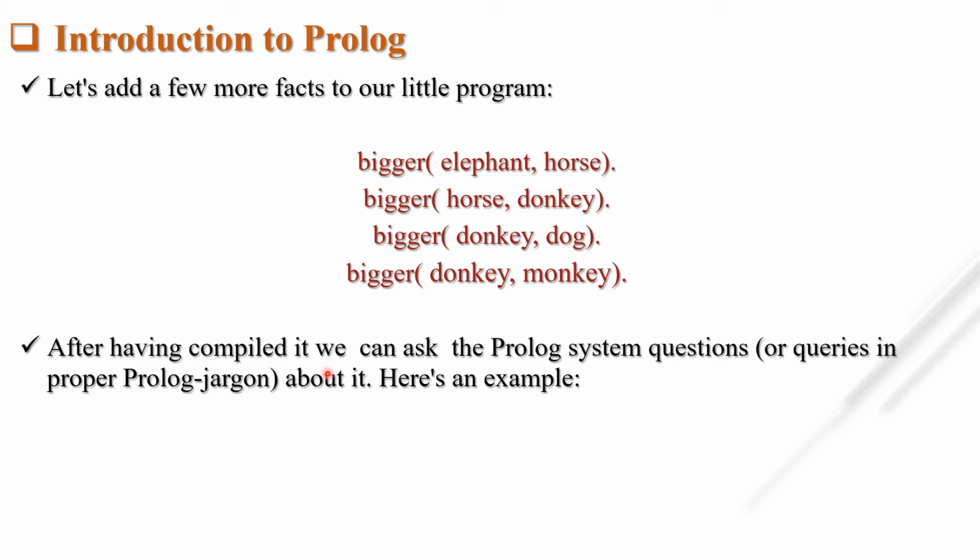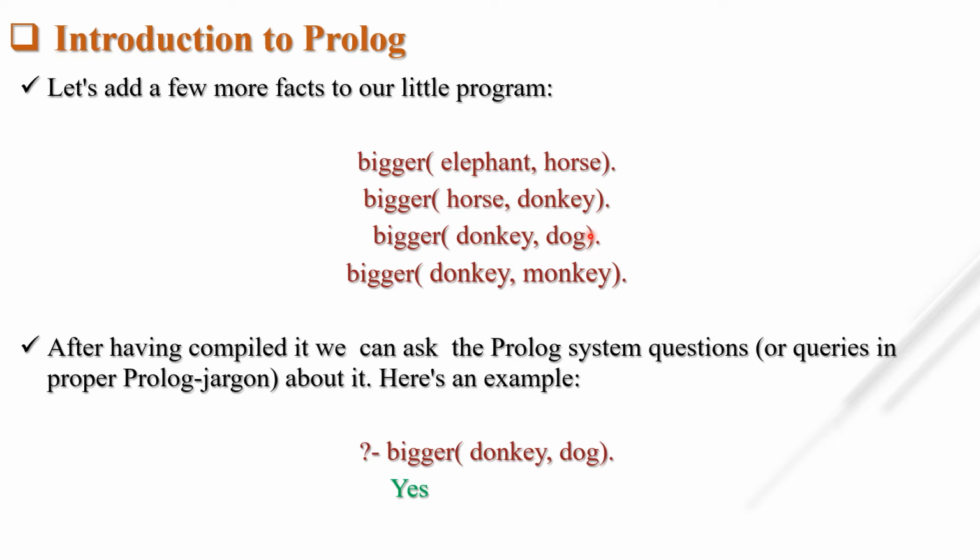After having compiled, we can ask the Prolog system questions, or queries in proper Prolog jargon. Here's an example. Suppose I ask, is donkey bigger than dog? It replies yes, donkey is bigger than dog. Why? Because we already described this.